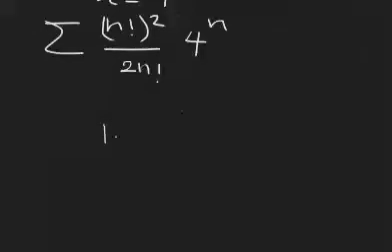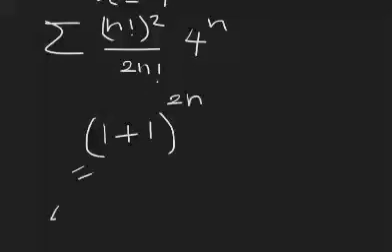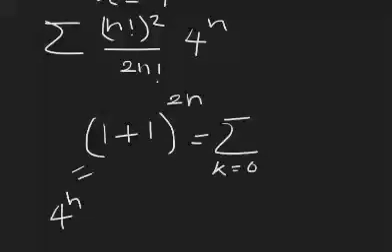So 1 plus 1, we consider the binomial expansion of this, which is the same as 4 to the n, and this is the definition of the binomial expansion. k goes from 0 to 2n, (2n choose k) times 1 to the power k times 1 to the power 2n minus k, right?